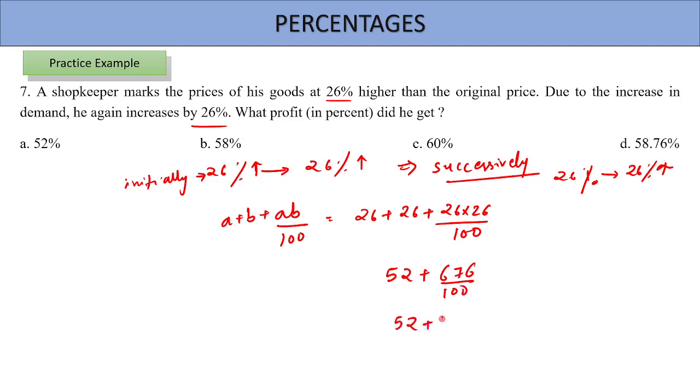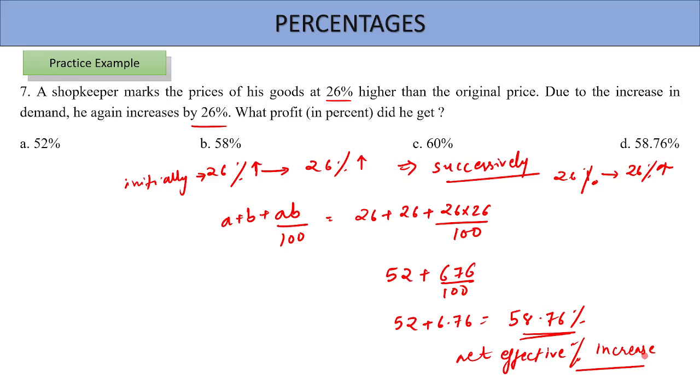So 52 plus 6.76, which is 58.76 percentage, is my net effective gain or net effective percentage increase.